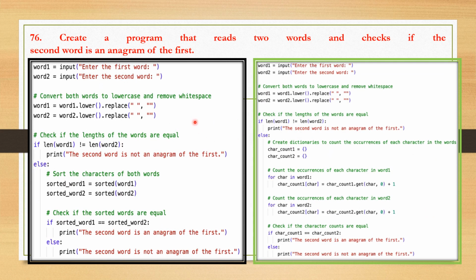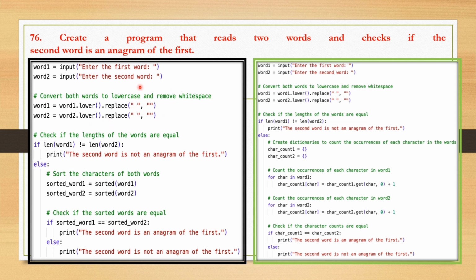The next program is to read two words and check if the second word is an anagram of the first. Here it will first prompt the user to enter the first word and then enter the second word. To ensure a case-insensitive comparison and remove any white spaces, both are converted to lowercase using the lower method, right?